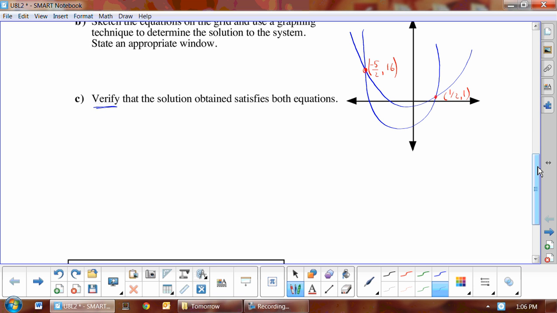Okay, so we still need everyone focused. For verifying, we want to put it into our other equation, which is the 6x squared plus 7x minus 4. So we'd say, okay, well, x is equal to that, plus 7.